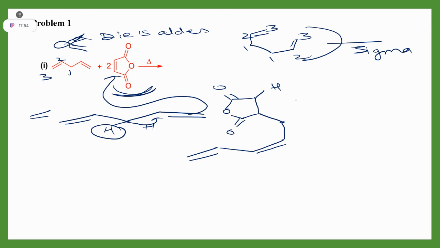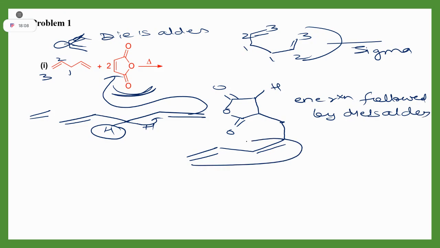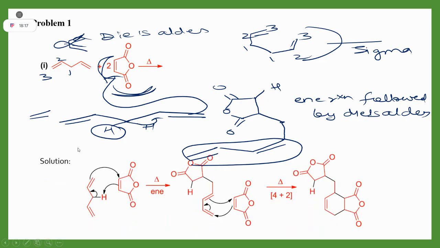So now ene reaction followed by Diels-Alder. Ene reaction followed by Diels-Alder, yes or no? Yes. So take this as your diene and react it with this dienophile, and you will get this product. Let me erase that part.